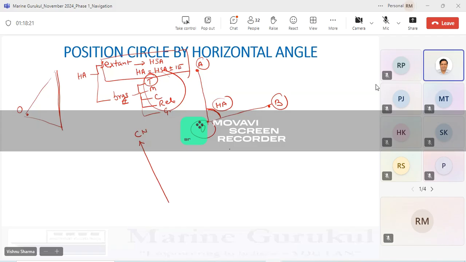Suppose here is lighthouse A. Guys, if from compass north I measure in the clockwise direction up to A, what will this angle be? I've measured from compass north clockwise up to the bearing line of A. What will this angle be, guys, that I have marked? Tell me.